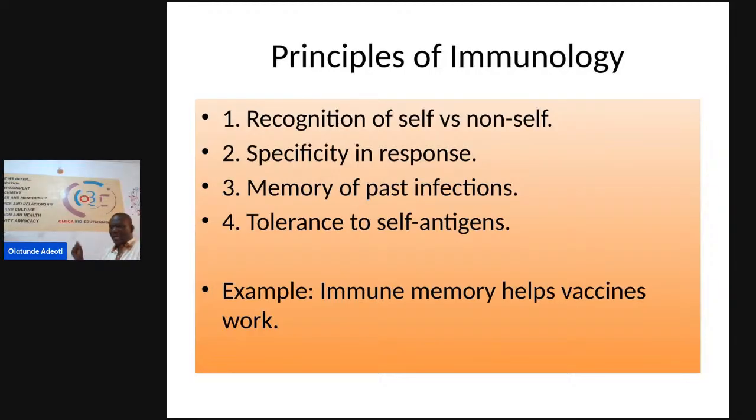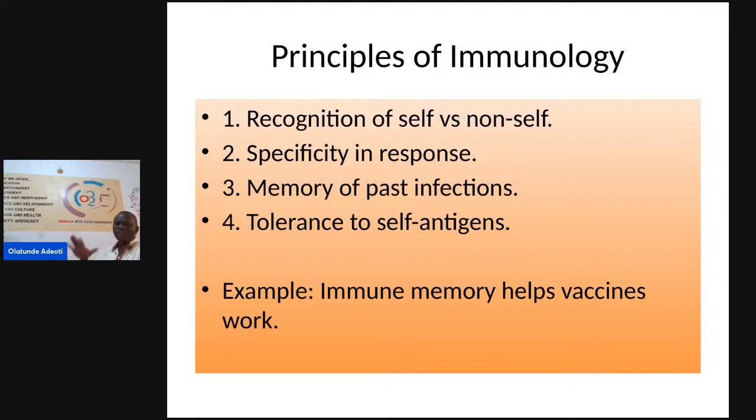Apart from that, part of it will be stored in the memory of the cell so that in case of a recurrence of the same kind of episode again, the body will be able to remember quickly and fight it. So that is memory of the past.